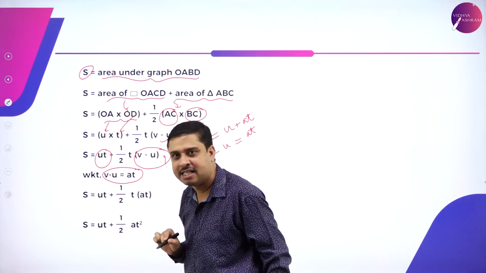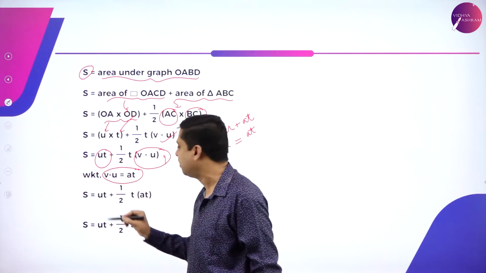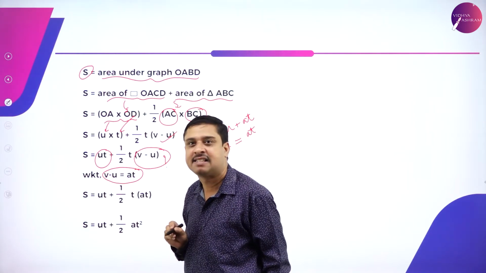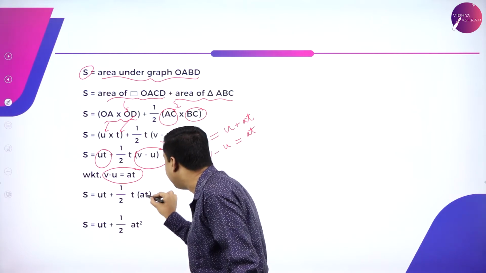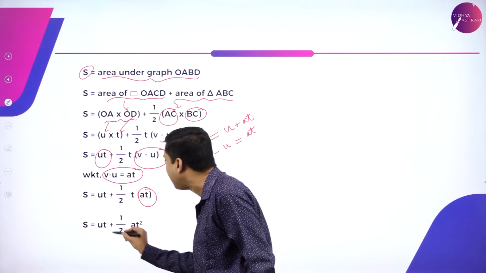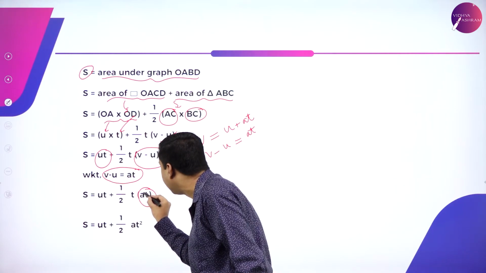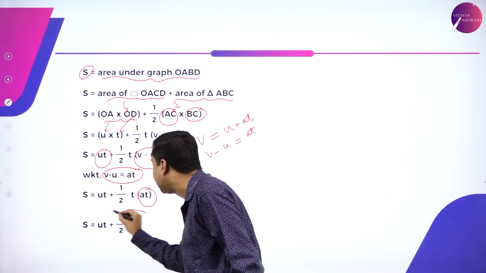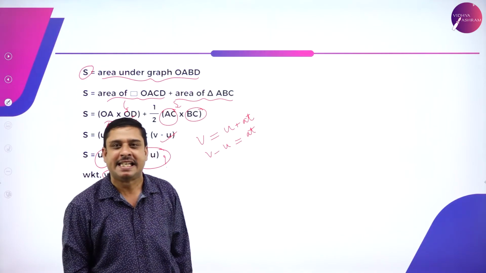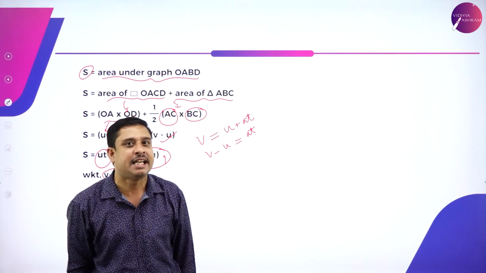Substituting for V minus U, S equals UT plus half, T retained as it is, times AT. Simplifying, S equals UT plus half A, T into T is T square. So I have derived beautifully the displacement equation using a VT graph.